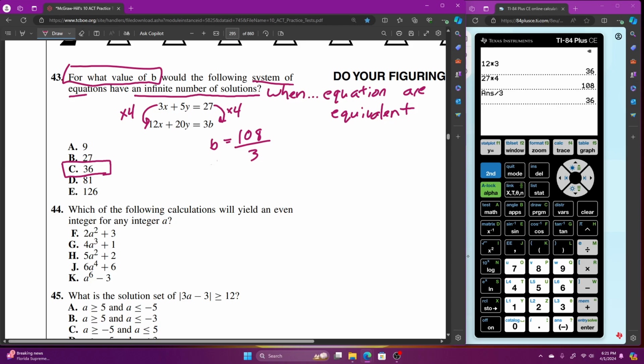If you want to play around with it and figure out how to use the graphing feature to find the answer, that's great. But for me, I'm going to move on to question number 44.